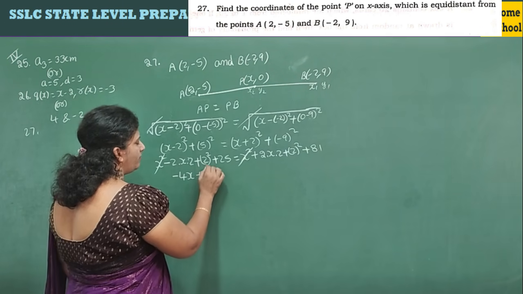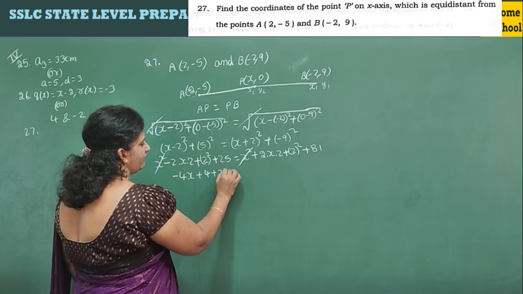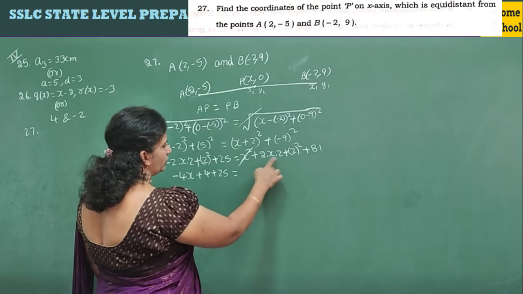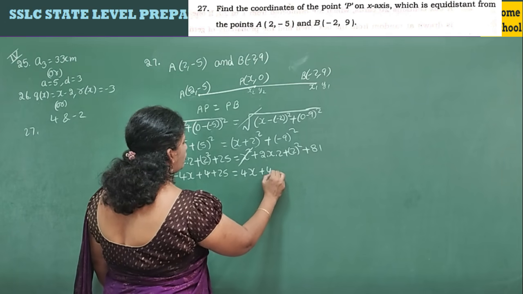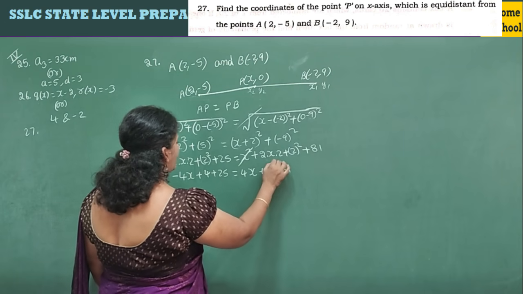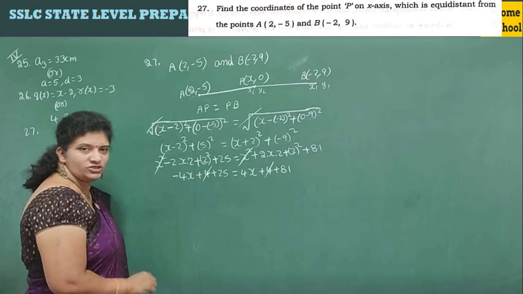Plus 4 plus 25 is equal to 2 2s are 4x plus 4 plus 81. If you want, you can cancel 4 also.